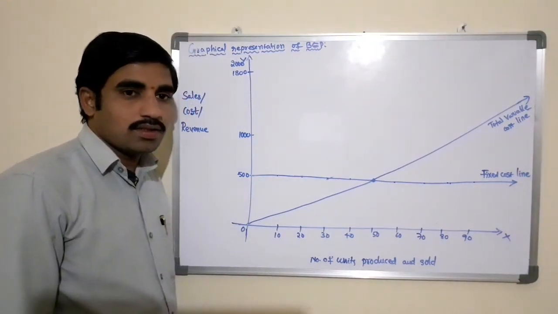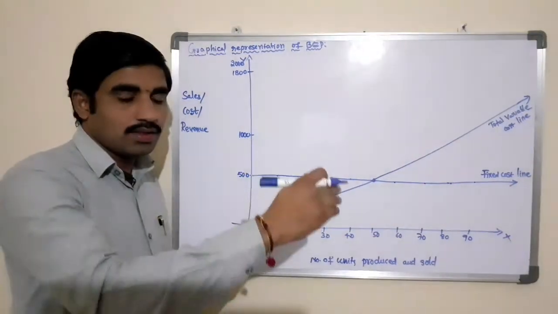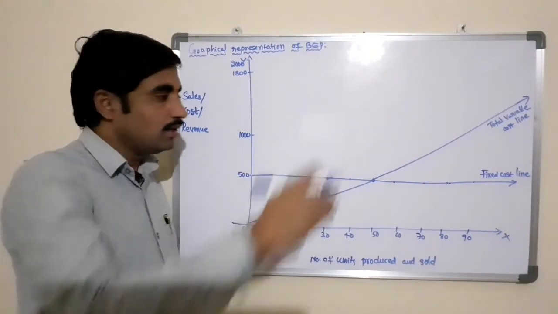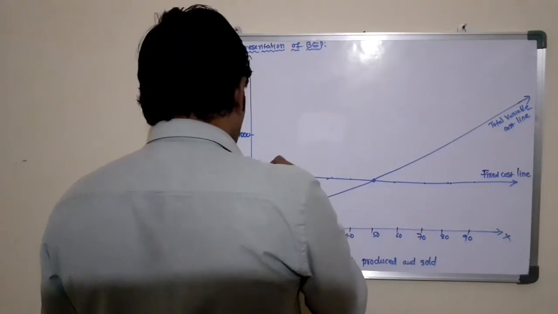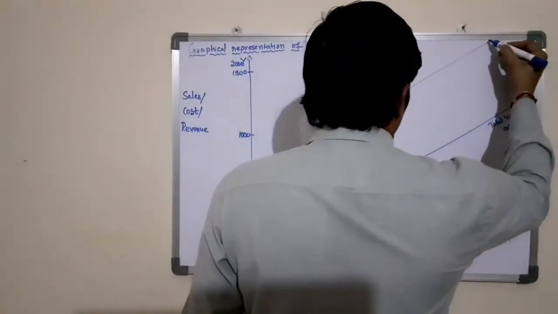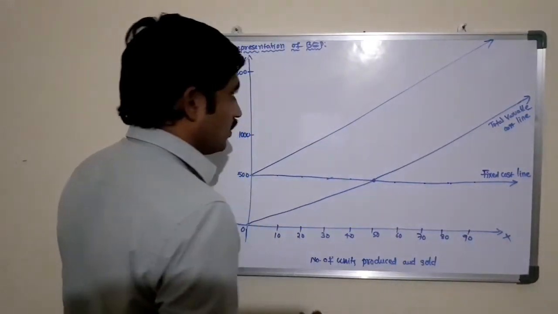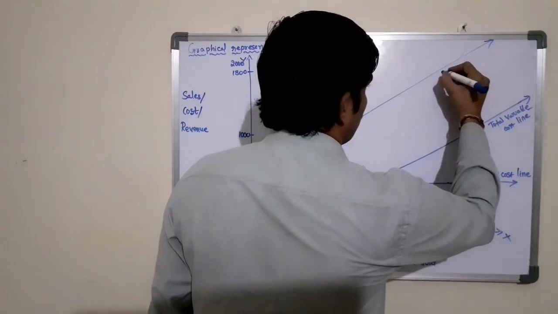The total cost line starts at 500, then 500, 600, 700, like that it will move. So the total cost line will also flow from left to right upward. How? As the total production is increasing, the total cost also will increase.